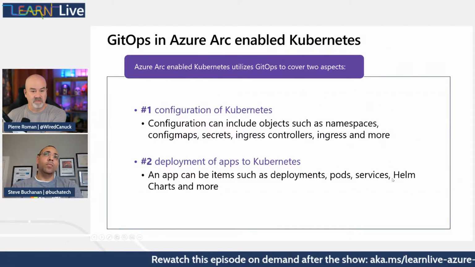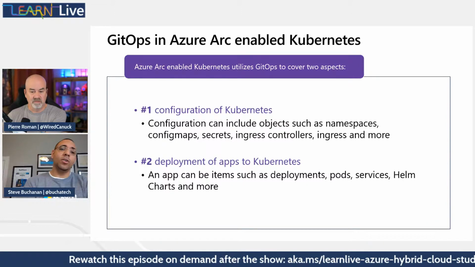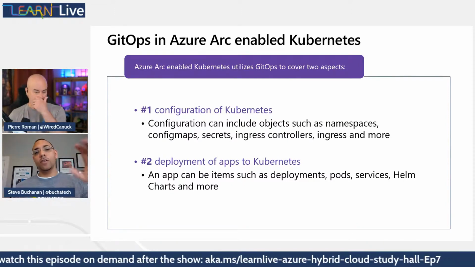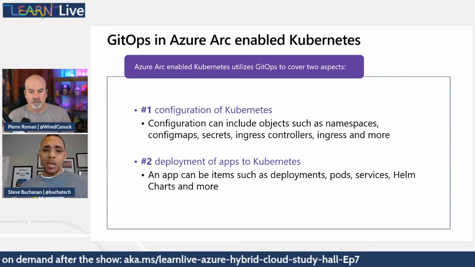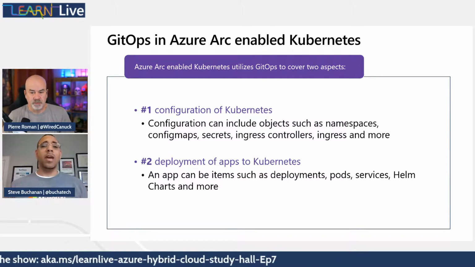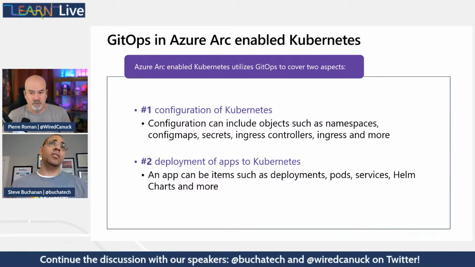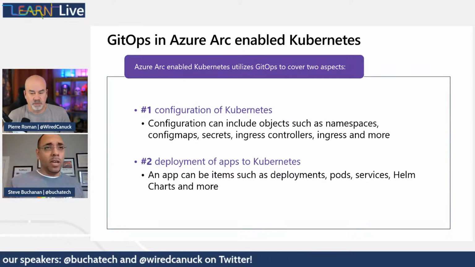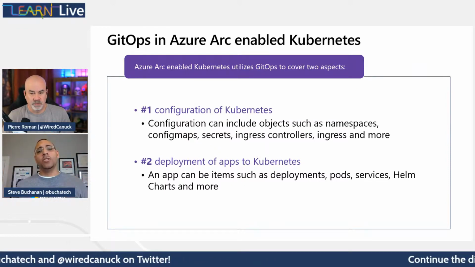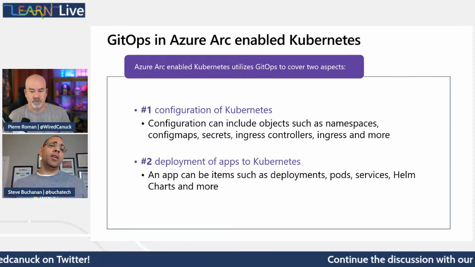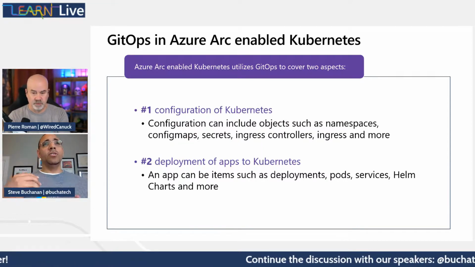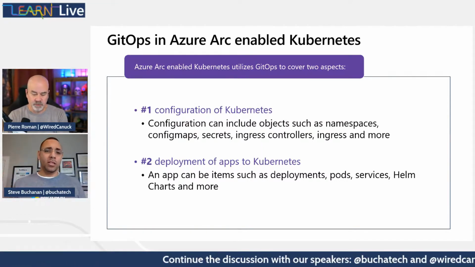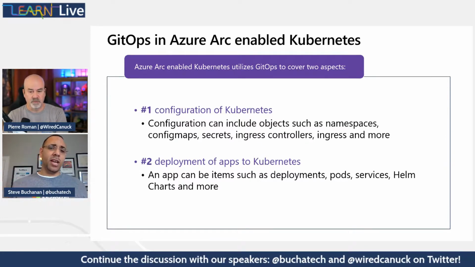And so really it touches on two areas. So being able to apply your configuration of your Kubernetes clusters and being able to deploy apps for your Kubernetes clusters. So your configuration would be things like ingress controllers, making sure certain namespaces are there. If you had secrets that need to be on the Kubernetes clusters or config maps, things like that.